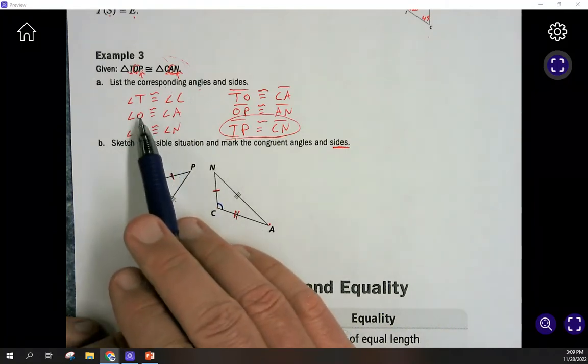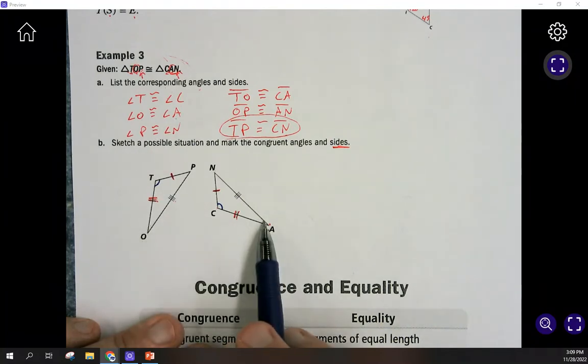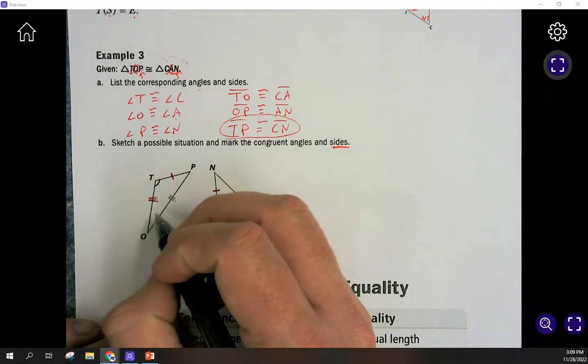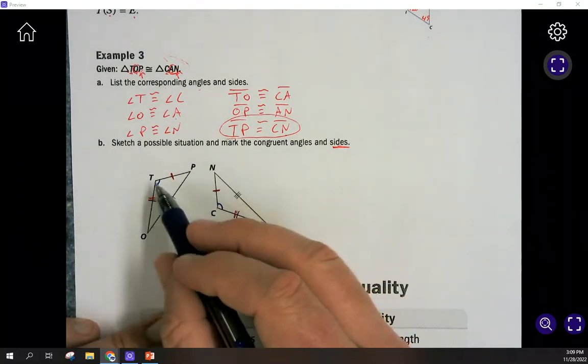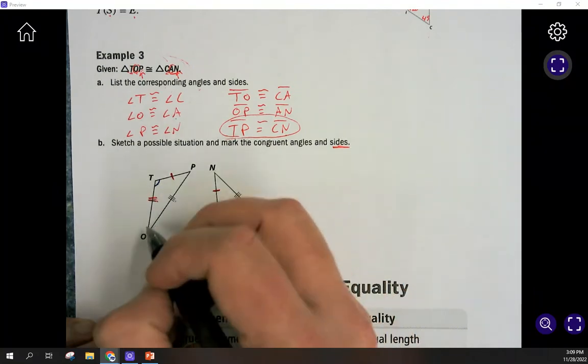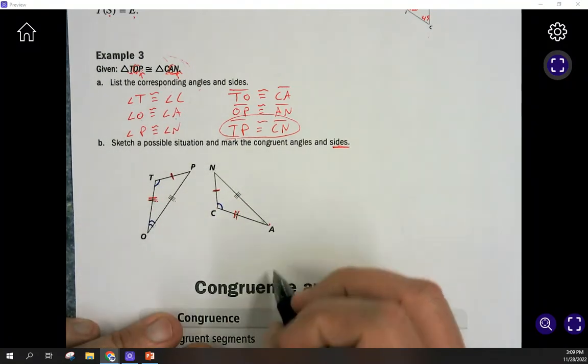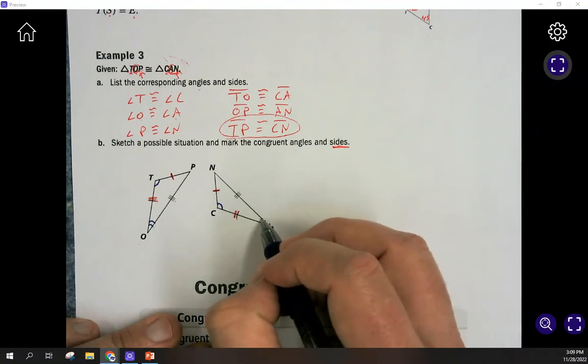So I need to also say that O is congruent to A. So those are the same angle. Whatever this one is, if it's 45, this one's 45. Now I have to mark these differently than these ones because then I would be saying all 4 of these angles are the same. So what you do is you just add another loop. So O is going to have 2 loops and A is going to have 2 loops.